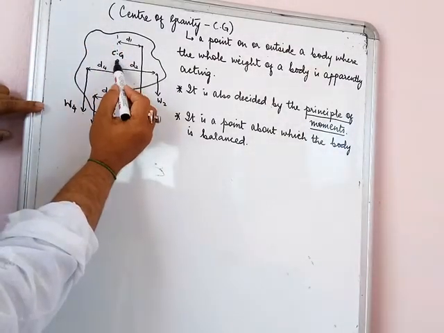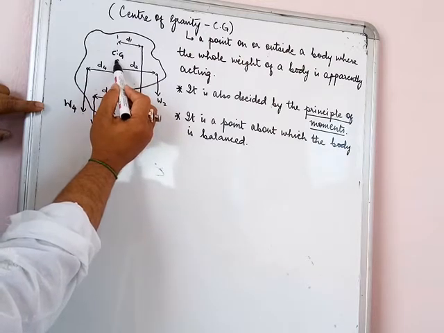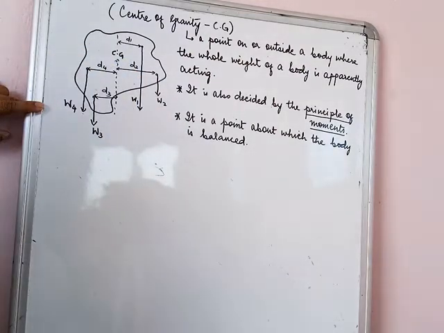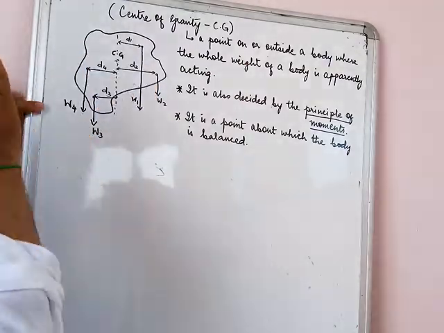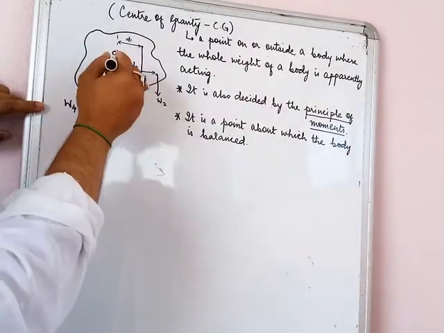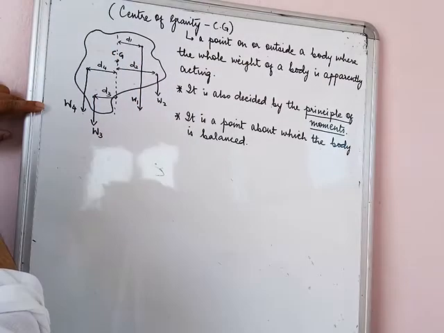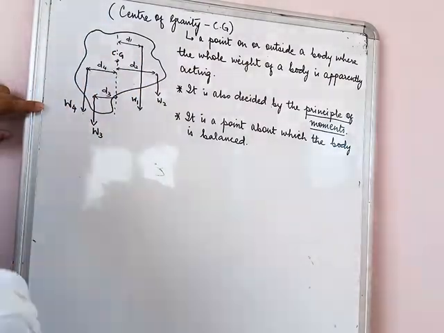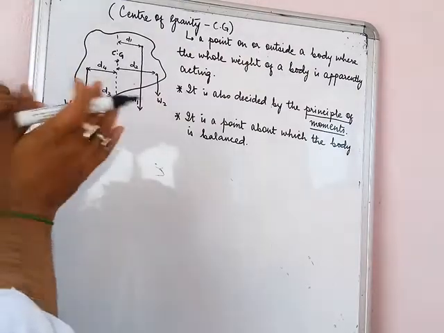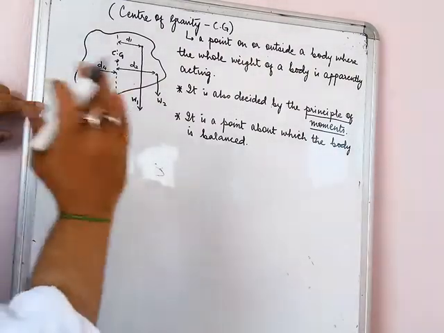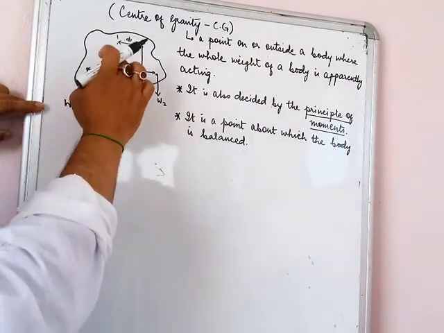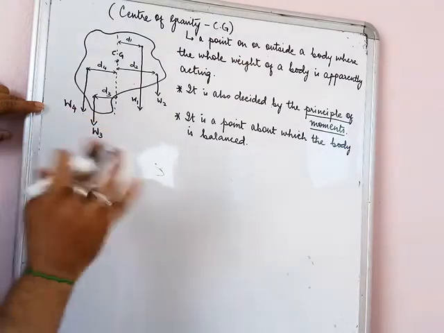Now suppose that this is the center of gravity of this body. Then all the clockwise moments and all the anti-clockwise moments about this particular point should get neutralized.